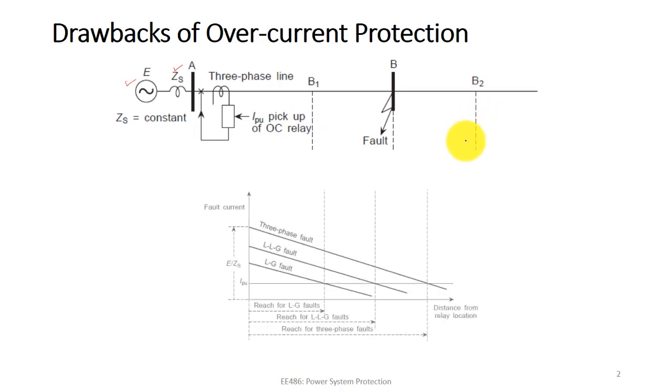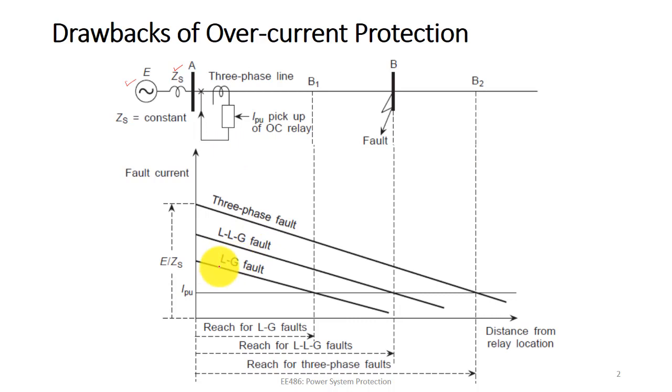Let us see what happens. If we plot fault current versus distance for different types of fault, three-phase fault, LLG fault and LG fault, then when the distance is 0 from the relay location, bus A, the fault current will obviously be the highest.